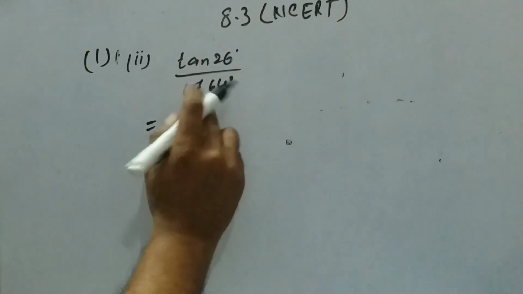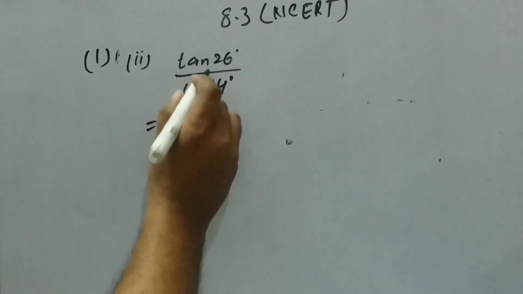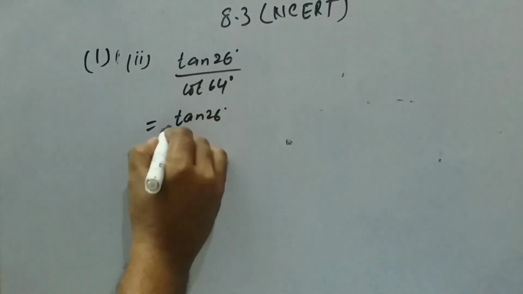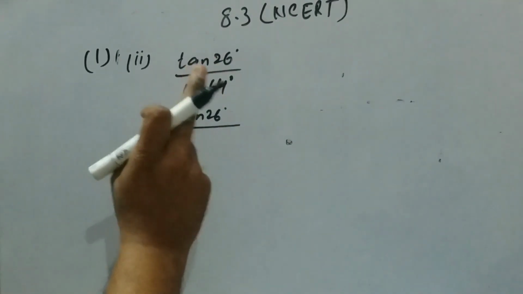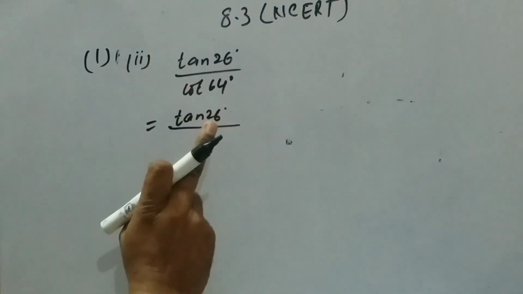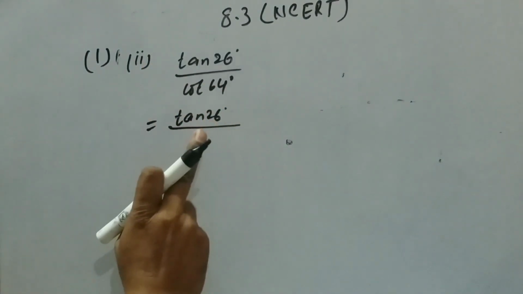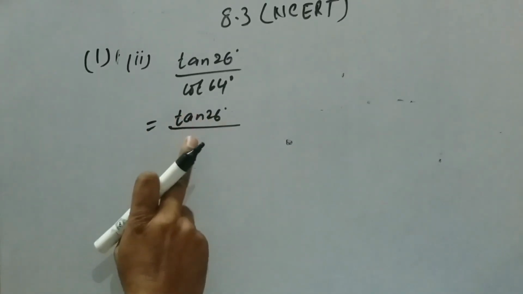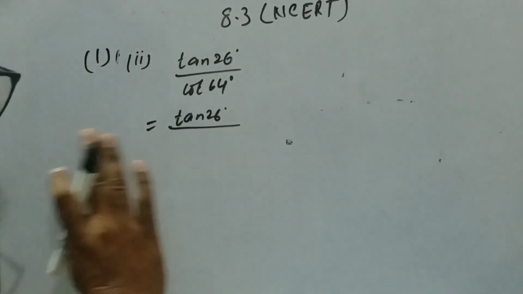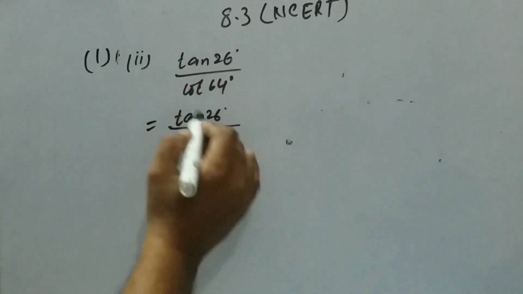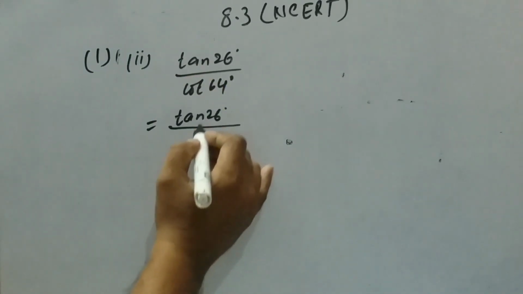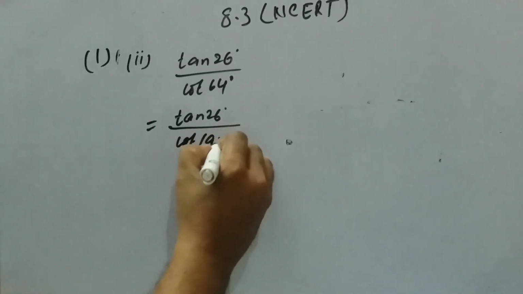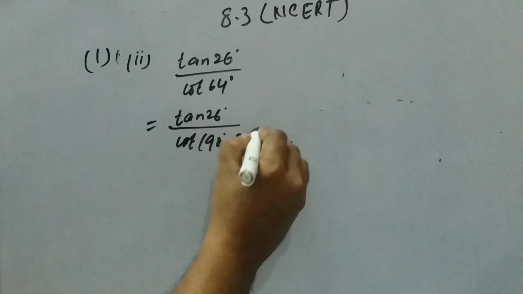So this should be eliminated, and you will write this term as it is, tan 26 degree. Don't change both simultaneously. If you change both simultaneously, you will never get the answer. So change only one angle at a time. And cot (90 degree minus 26 degree).